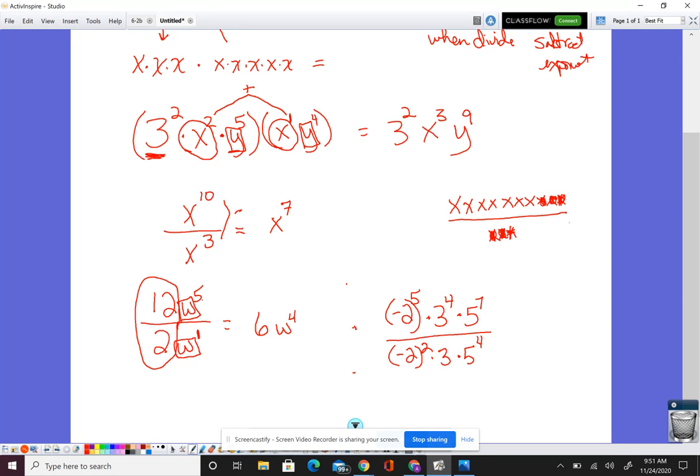Okay, just like variables, if you see a number that doesn't have an exponent on it, put the exponent of 1 there so you keep track of it. So if -2 is a base, what exponent is -2 going to have in our final answer? Would it have 1? Because there's only 1 of those there. Okay. What's the exponent on this one? 5.